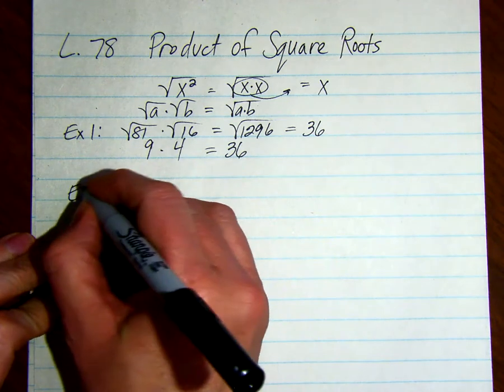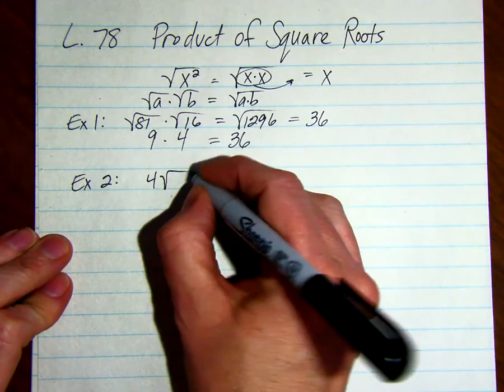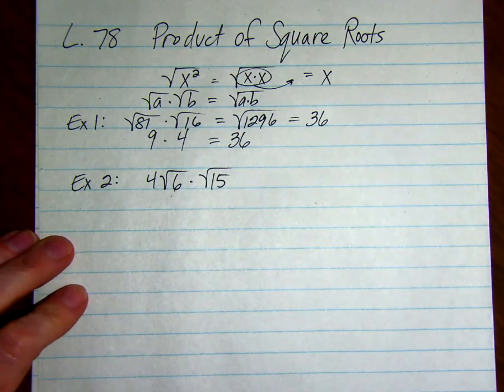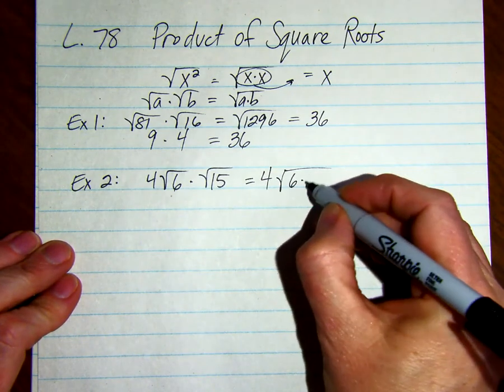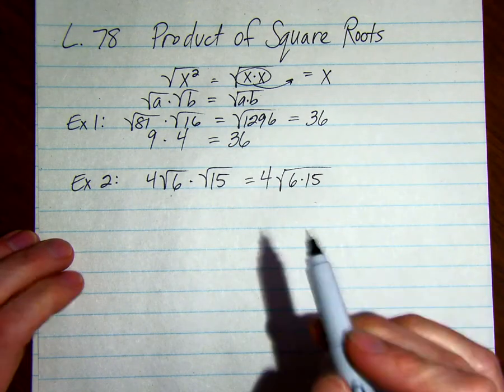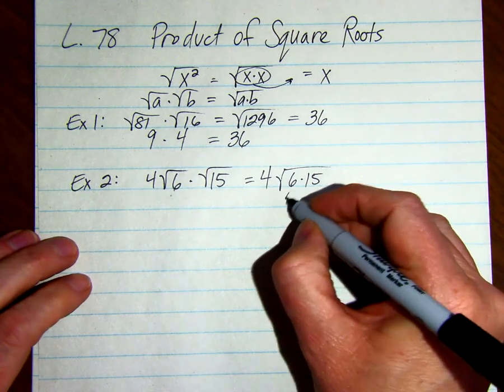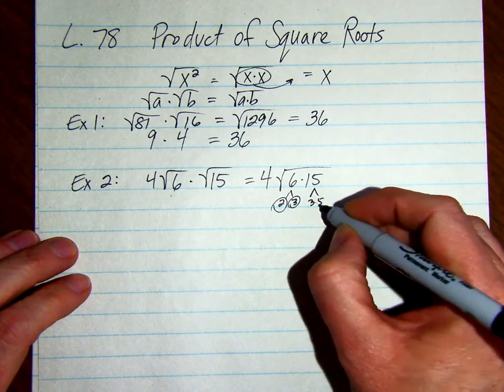Here's another example. We have 4 times the square root of 6 times the square root of 15. What I would do is say that's equal to the square root of 6 times 15. Then I'm going to find the prime factors of each of these numbers. 6 is 2 times 3, and 15 is 3 times 5.